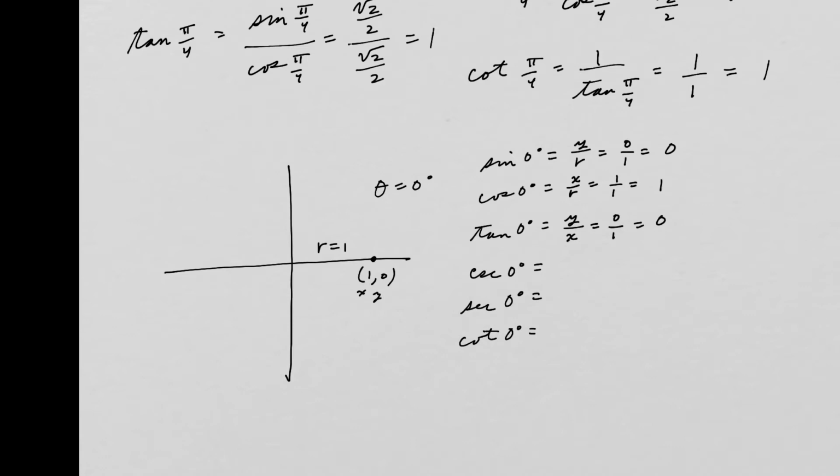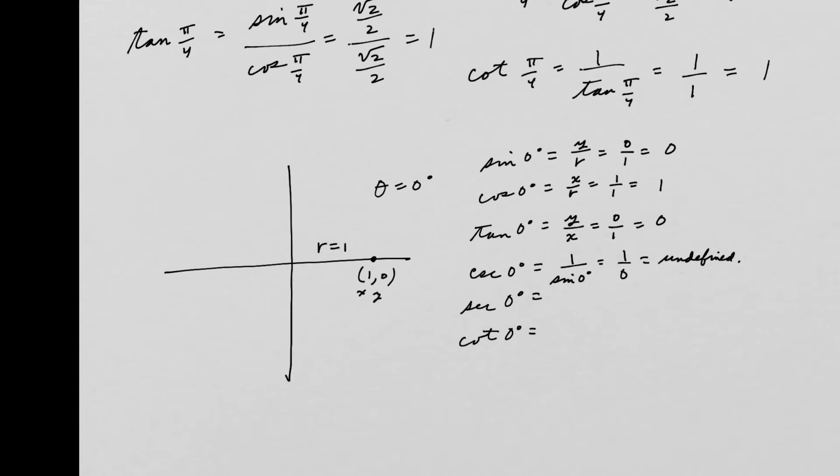Cosecant is 1 over sine. But what's 1 divided by 0? That's undefined. The other way you could have done this is, remember, since sine is y over r, cosecant is going to be r over y.